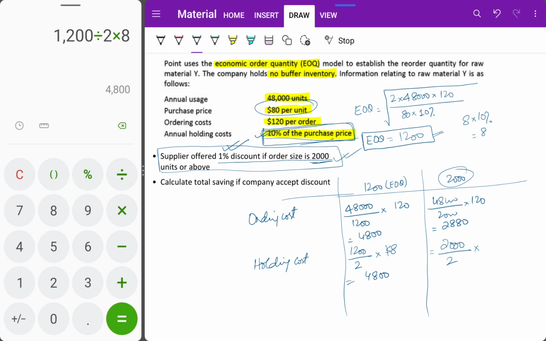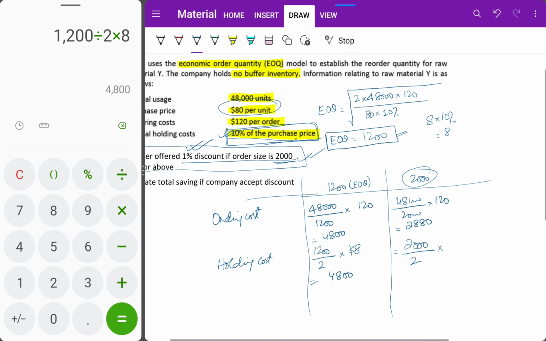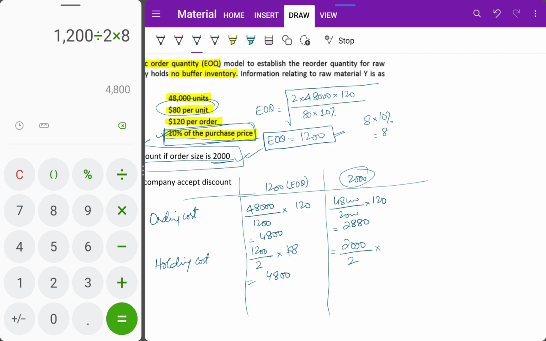So what is the purchase price at 2000 kilograms, if the company buys 2000 units or above? At this particular order size, your purchase price is not 80. Your purchase price is 80 times 99%, right? Because there is a 1% discount. So if you calculate 80 times 0.99, that means 79.2, right?